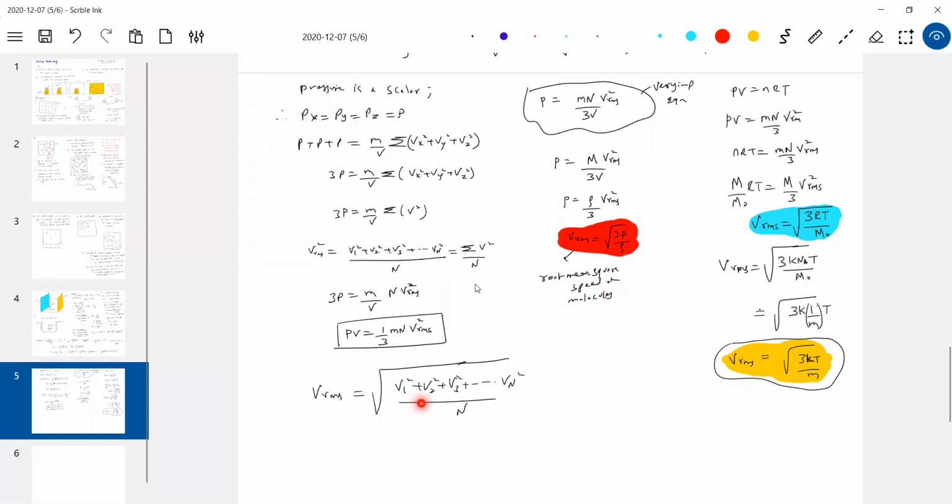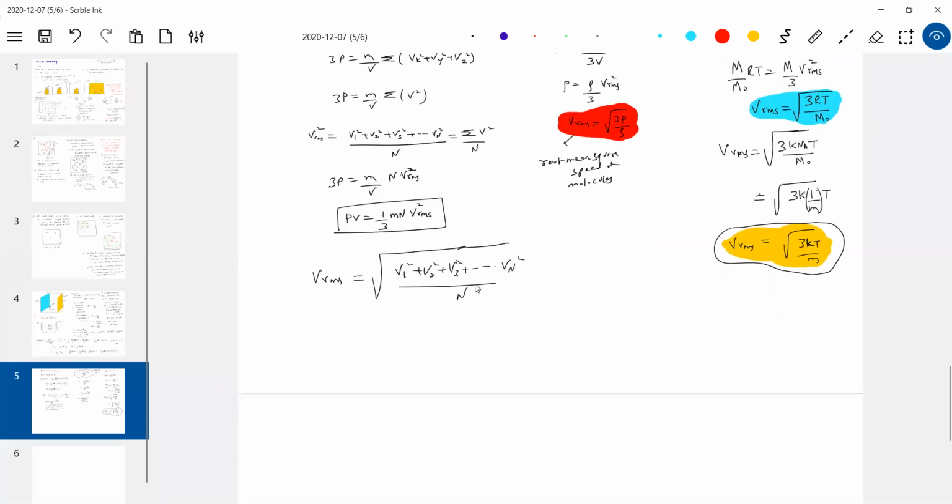Okay, you are looking at the equation and telling, but what is the meaning of that? Why should we square and take the mean? Why can't we take only the mean? After this, we do have average velocity also. Now, what is average velocity? The average velocity of molecules should be equal to root of 8kT by pi m.